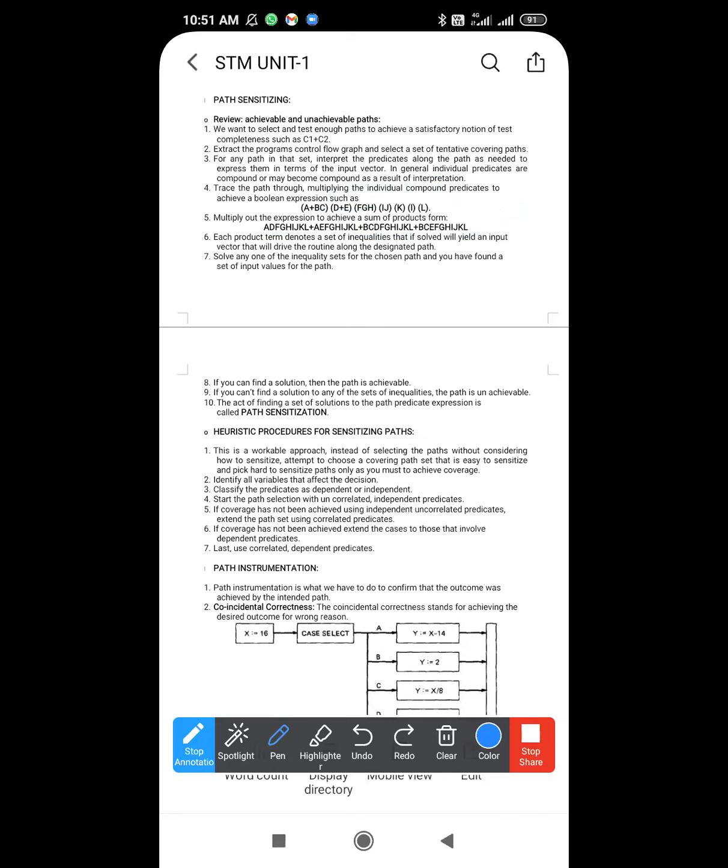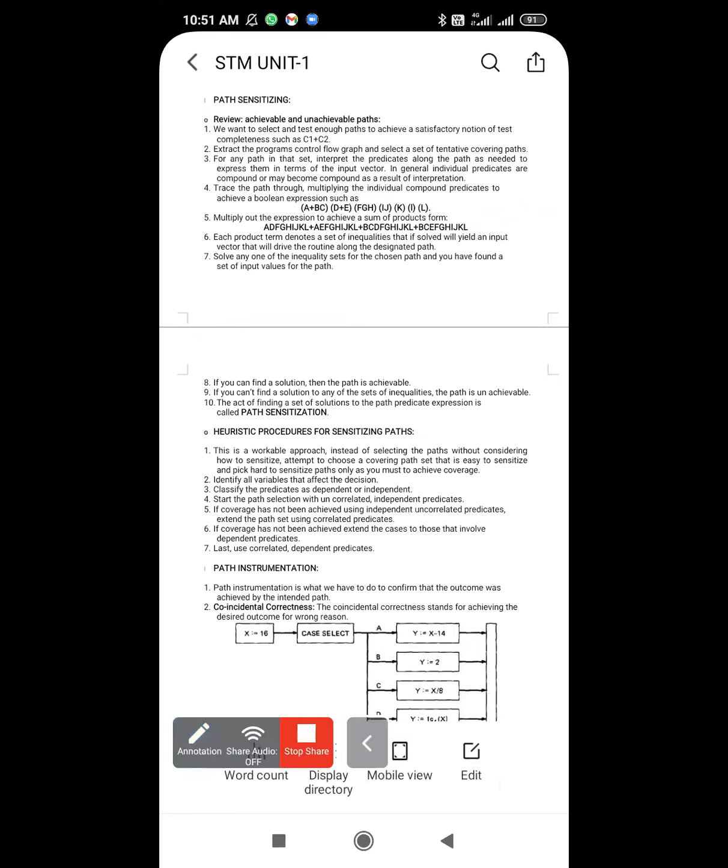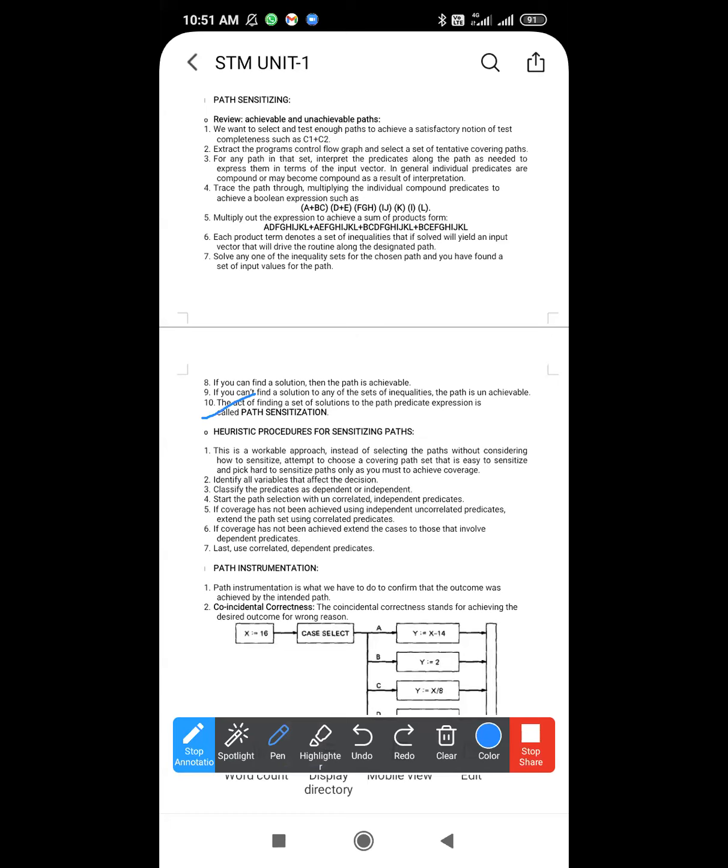And here, what is the meaning of path sensitization? The act of finding a set of solutions to the path predicate expression is called path sensitization.